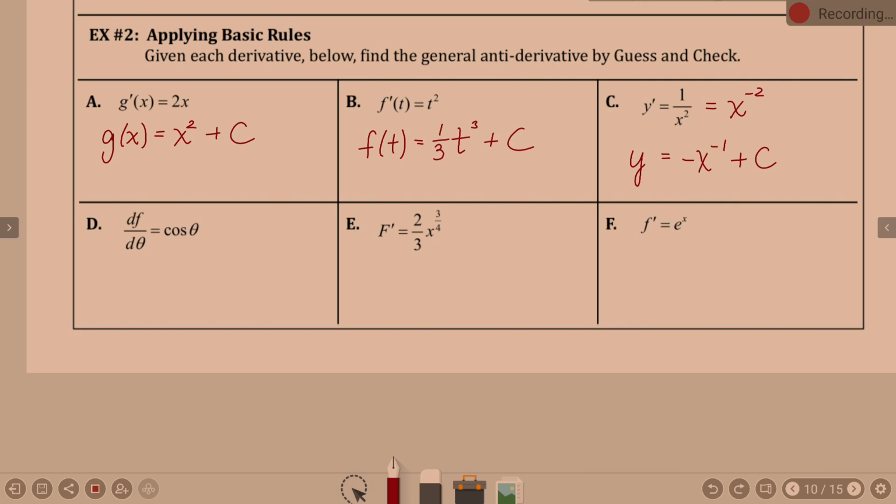What do we need? Positive. Subtract 1 from the power, and we're at -2. Now, you could also write this as negative 1 over x plus c, correct? I'm not saying you have to. You just have to be aware that they are equivalent, of course.